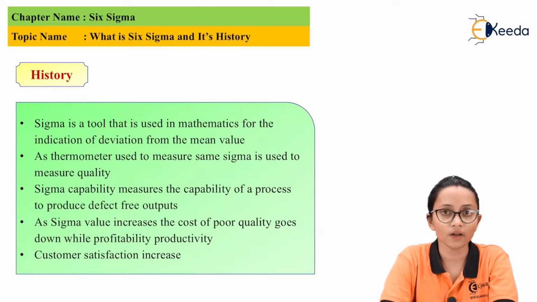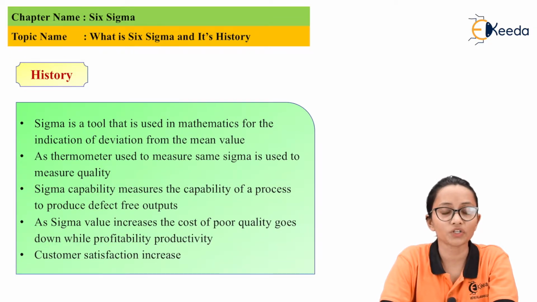And after the development of Six Sigma in 1987, Motorola officially launched its Six Sigma program. Due to this Six Sigma program, Motorola is known worldwide as a quality leader and profit leader. And because of providing Six Sigma to the world, Motorola won the Malcolm Baldrige National Quality Award in 1988.